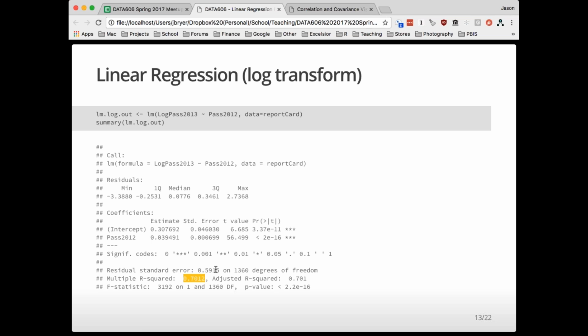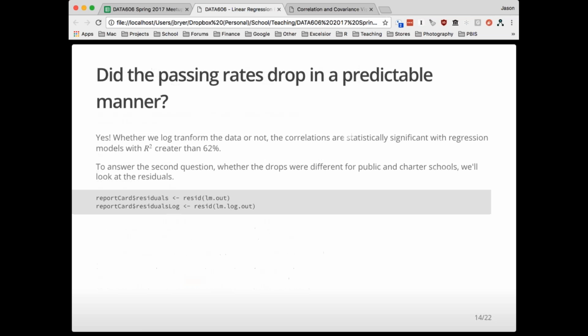So to me, this is very interesting, when you can very accurately predict and understand the relationship between two things and understand this phenomenon. But something I was interested in, and something you might want to be thinking about, is whether the rates dropped in a predictable manner, in particular by this grouping variable I'm interested in, charter schools.